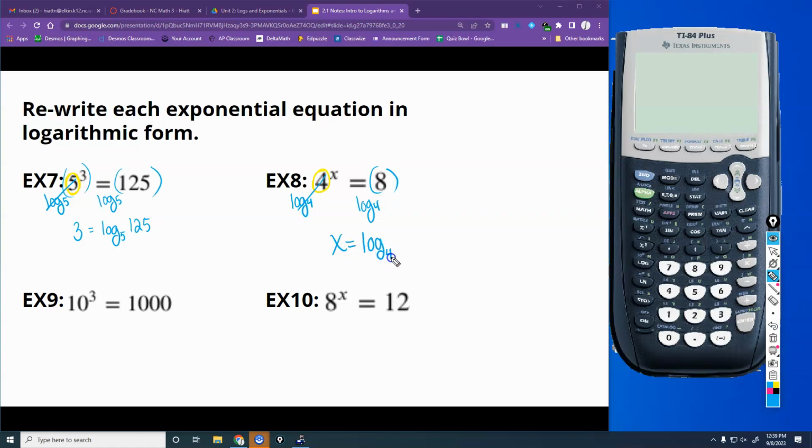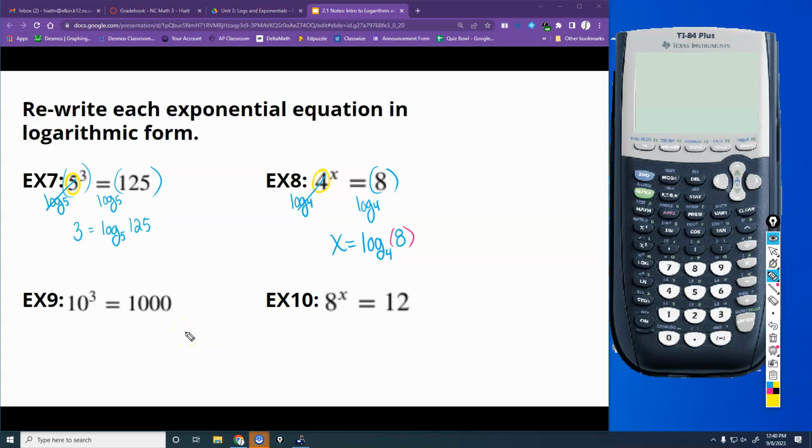The 4 is a subscript. It's a little bitty number. And then the 8 goes here. You can put parentheses around that 8 or not. Either one is correct. So 8 is not like an exponent there. It's like a normal sized number. Okay.